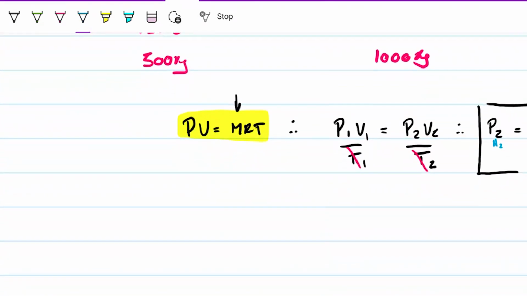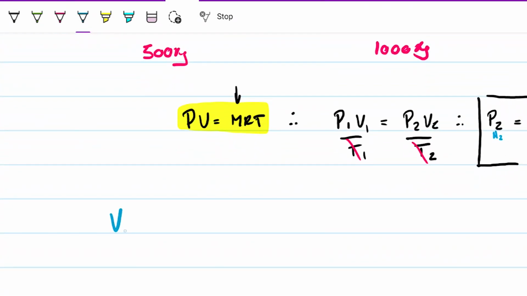So I can say with confidence that the volume 1 of nitrogen will be equal to the total volume, the 4, minus the volume occupied by the water. And I happen to know the volume occupied by the water because I know the temperature the water is sitting at, and I can calculate the specific volume for the water using my thermodynamic tables, because this is a well-known property.